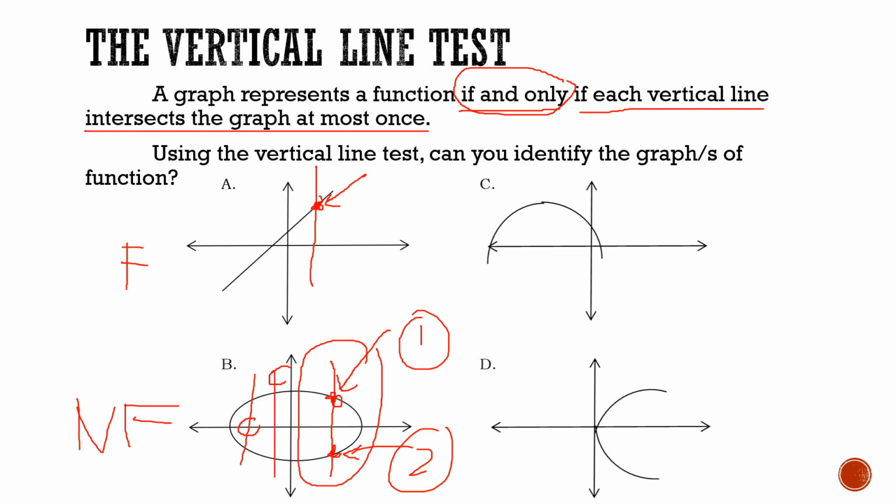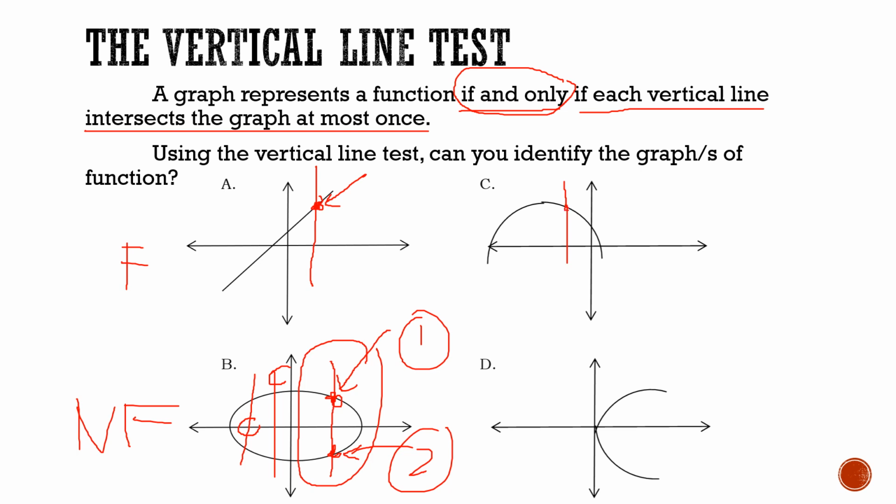For letter C, it's the same process. Is this a graph representing a function or not? We apply the vertical line. It depends on you where you want to apply your vertical line. I'm going to choose this portion and check if there is an intersection between your graph and your vertical line.